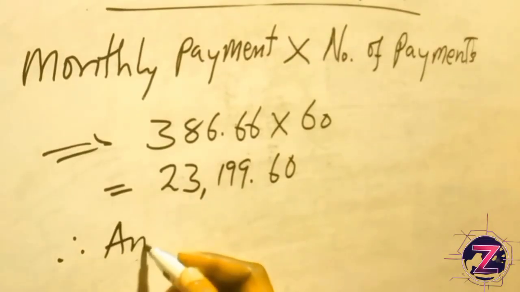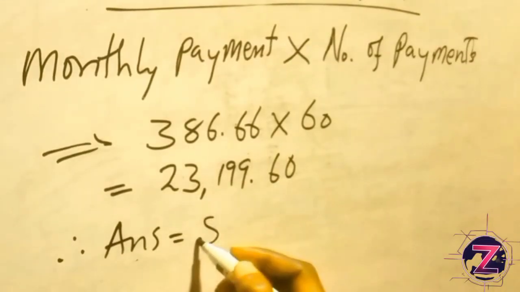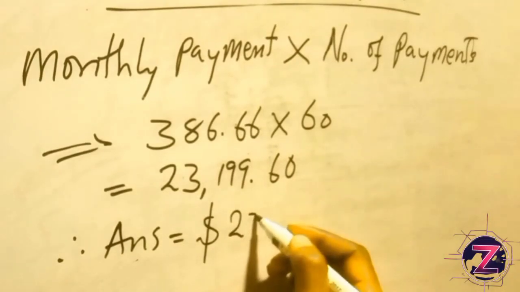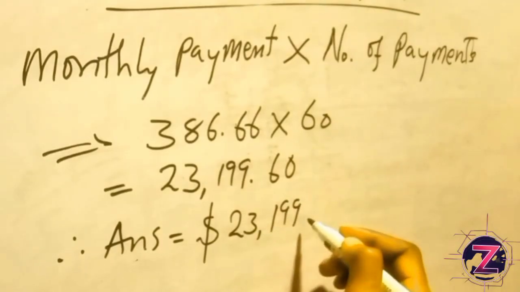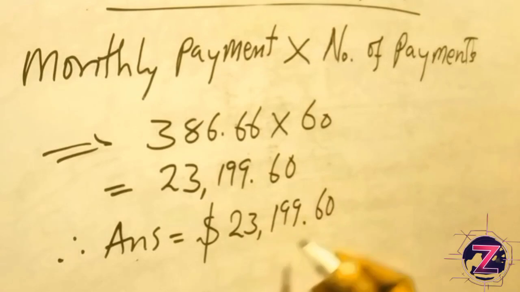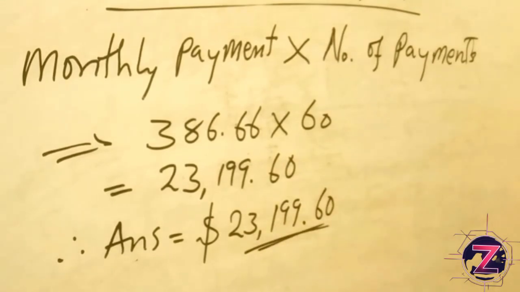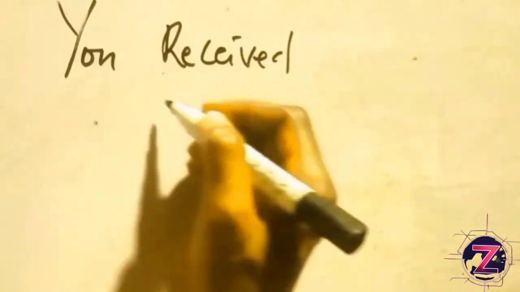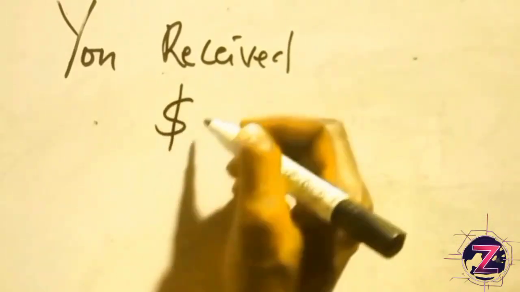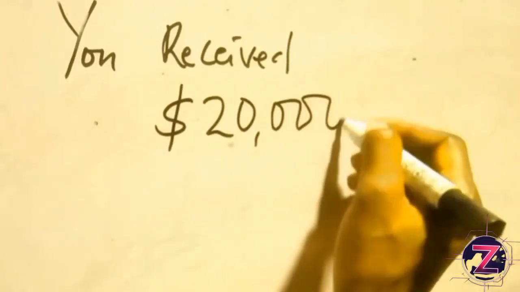Therefore, our answer is $23,199.60. So the borrower received $20,000 but paid back over $23,000.